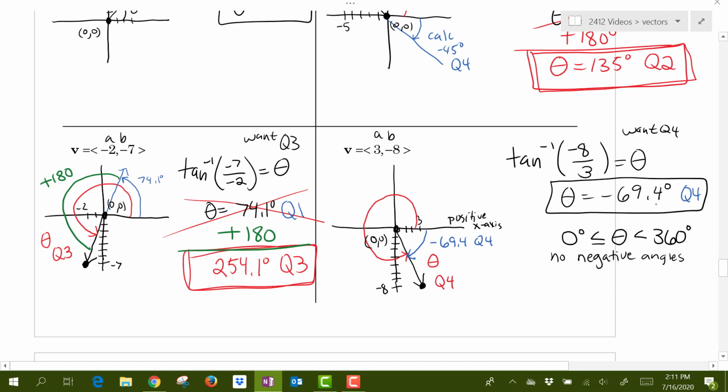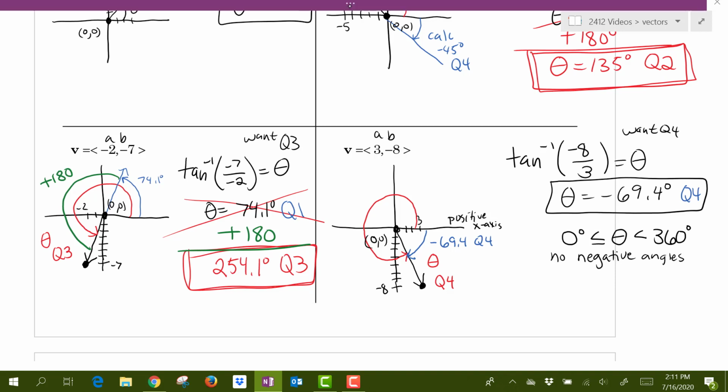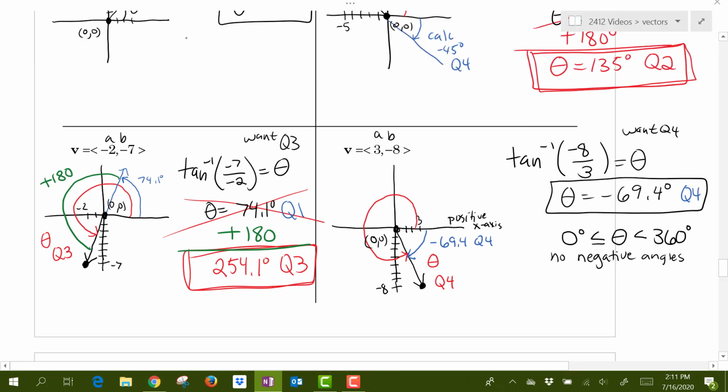Now, if you were only asked to find positive angle measures that fit within those quadrants, then what would you have to do to get to the angle that you want? Well, in this case, you would want a positive angle that started at the positive x-axis and rotated in the positive direction and stopped at exactly the same location. So you would want a coterminal angle that is positive.